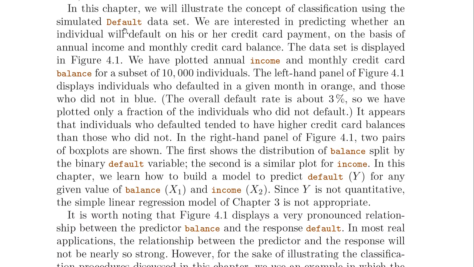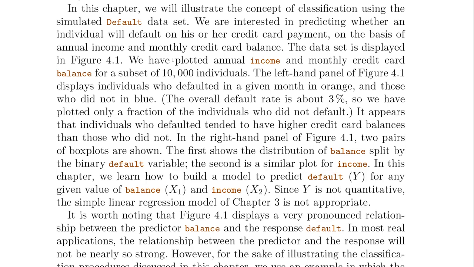Instead, we're looking at what is banking data, or what you would typically find at a lending institution, and it's a binary outcome. Will the individual default or not default? And as predictive variables, we're taking specifically 2: the annual income and monthly credit card balance.